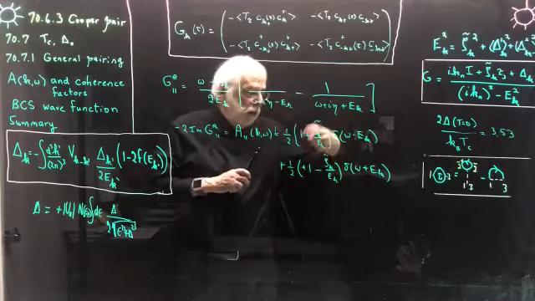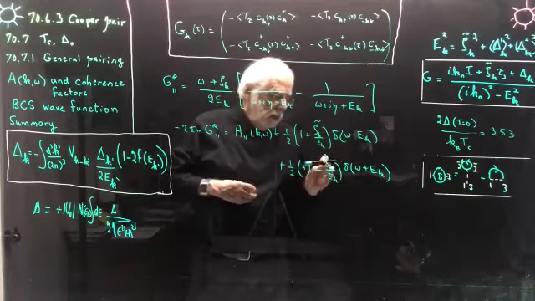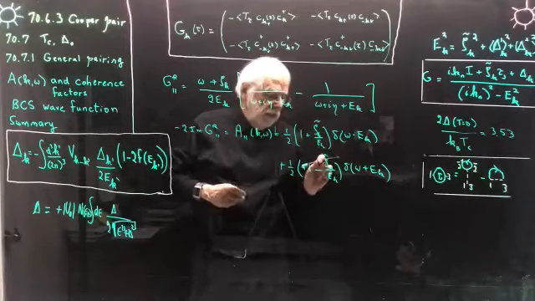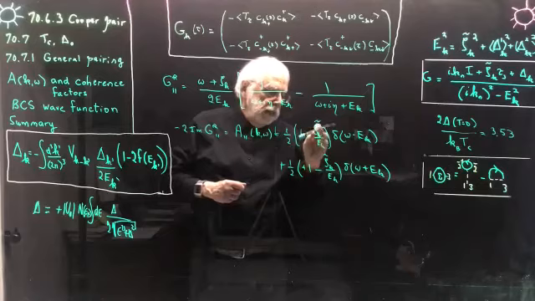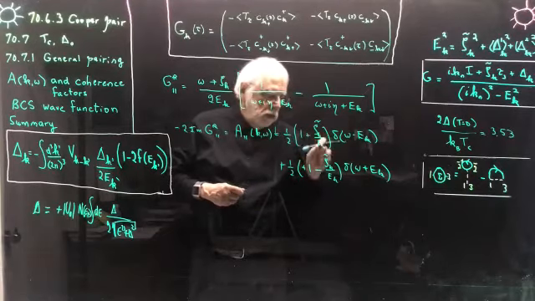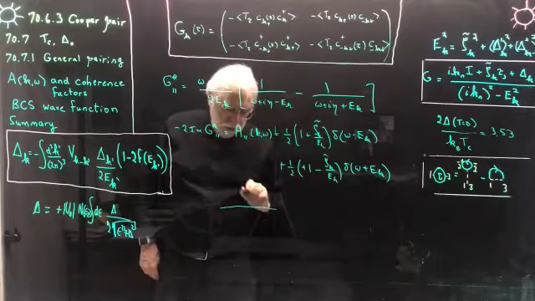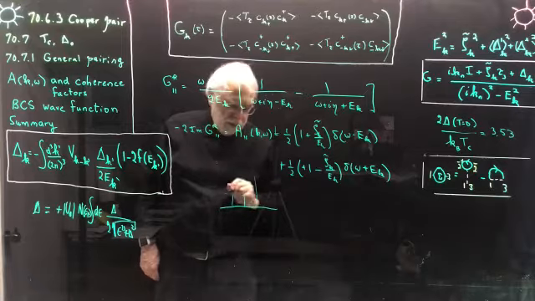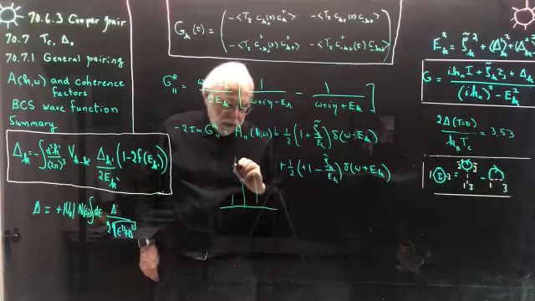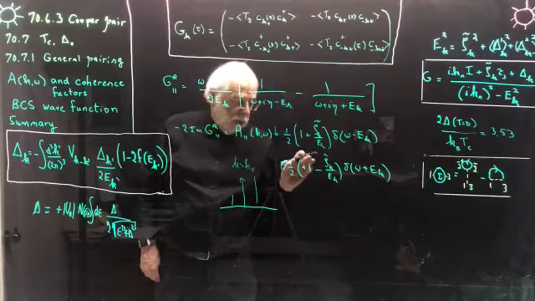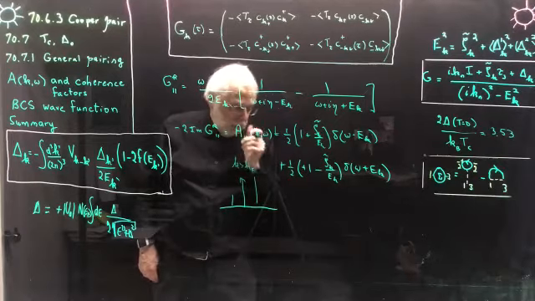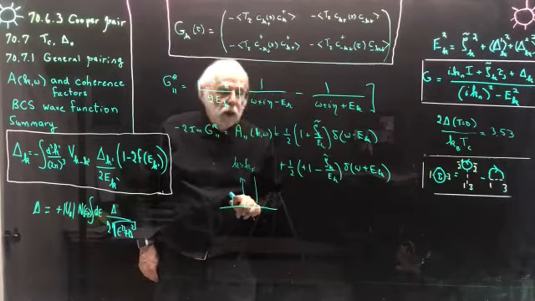Now, in the other case, when zeta k is very negative, then this ratio becomes 1 minus 1, so that disappears, and this survives. So the spectral weight has two bumps like this. This is for k larger than kF. And the quasi-particles are linear combinations of electron and hole.